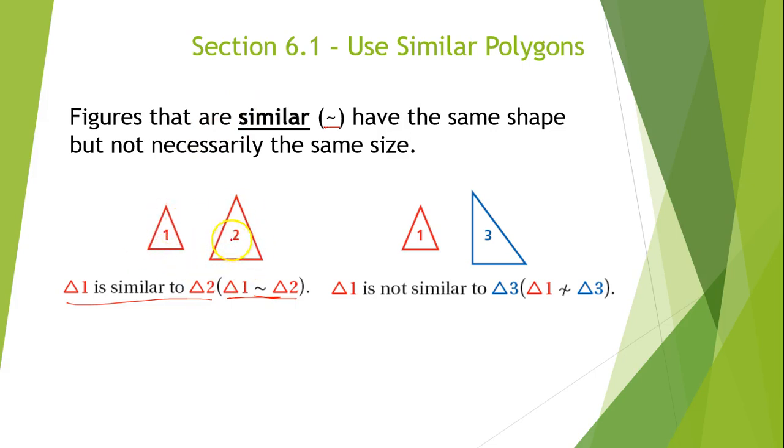Triangle 1 and 2 have the same shape, but they are not the same size. These two triangles do not have the same shape. They're definitely not the same size either. So this is how we would denote not similar: with the symbol of similar, but with a slash through it, just like you would say not equal to.